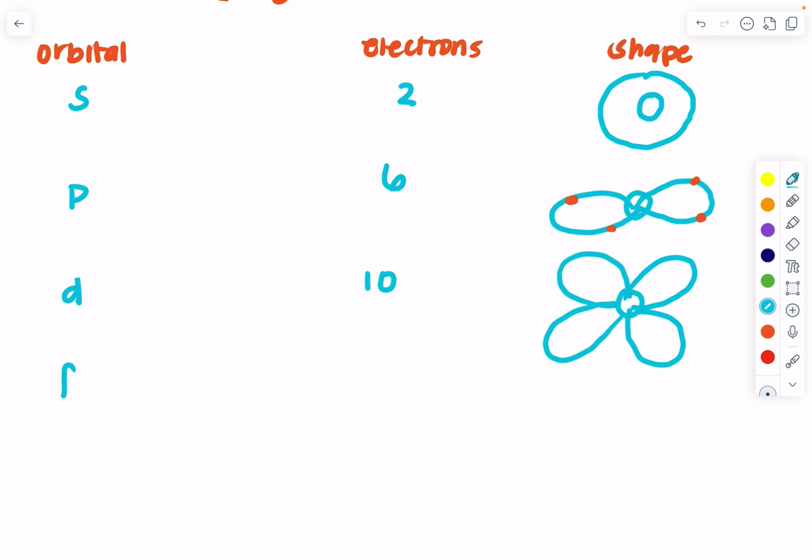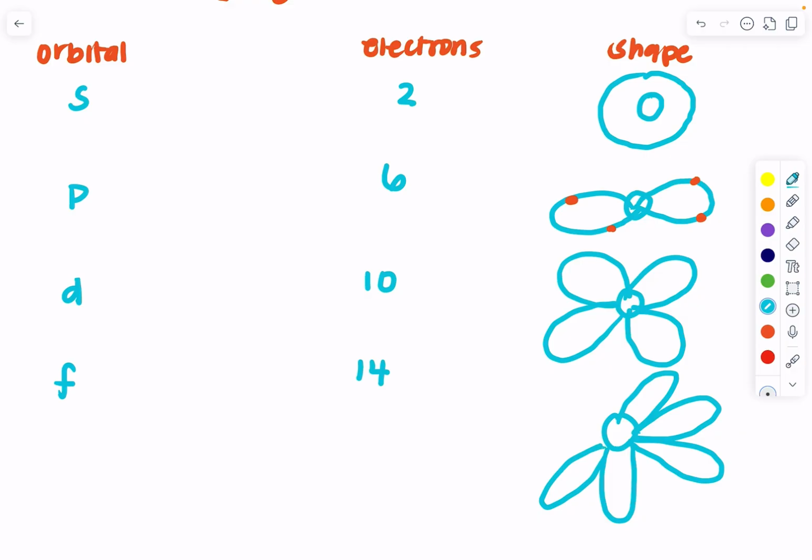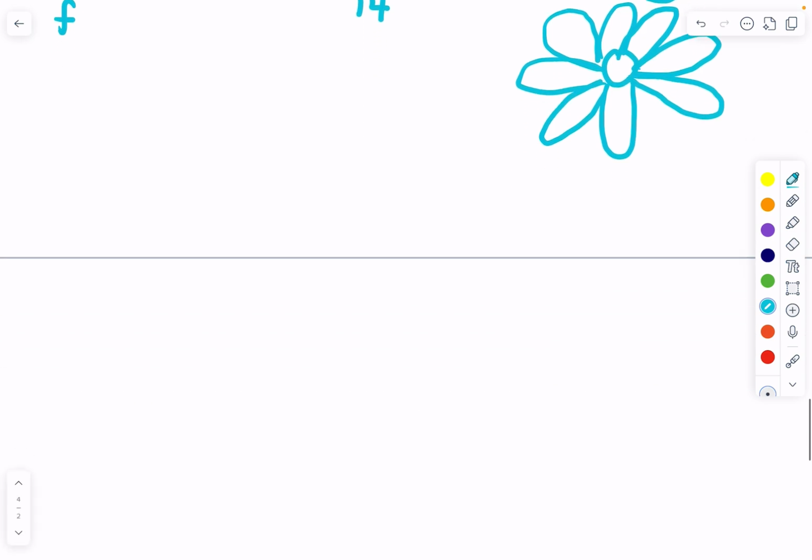And in the f orbital, we can hold 14. The f orbital has 4 kind of flaps on one side and 4 flaps on the other side. There's 8 flaps total. We'll get into this a little bit more when we talk about electron configuration, and how we can use the periodic table to make this easier.